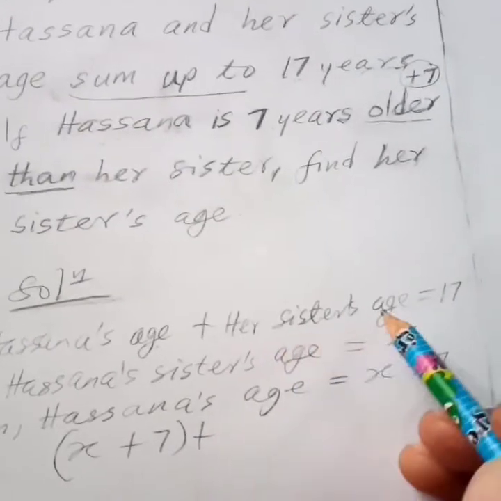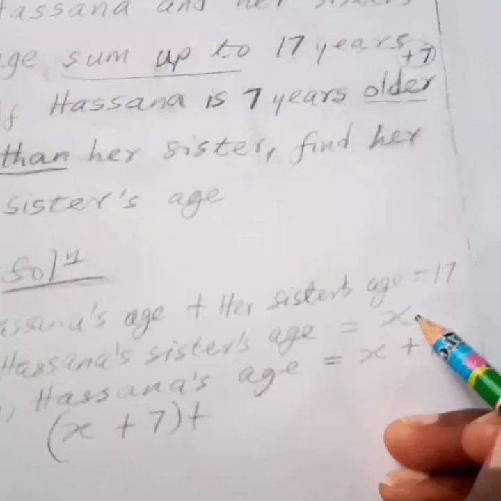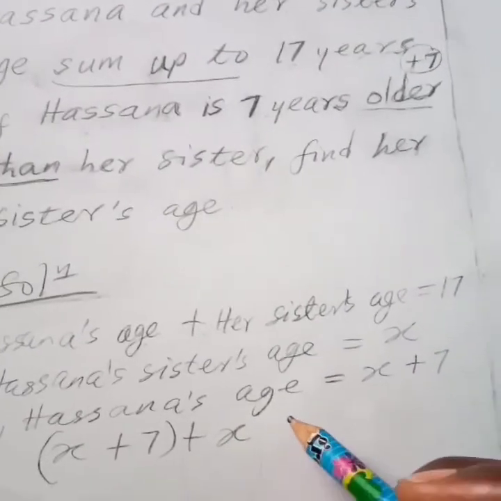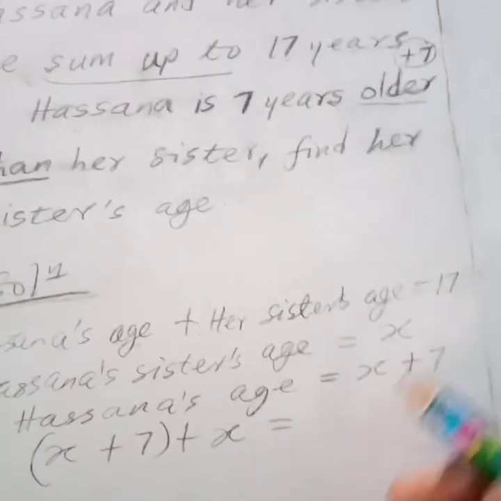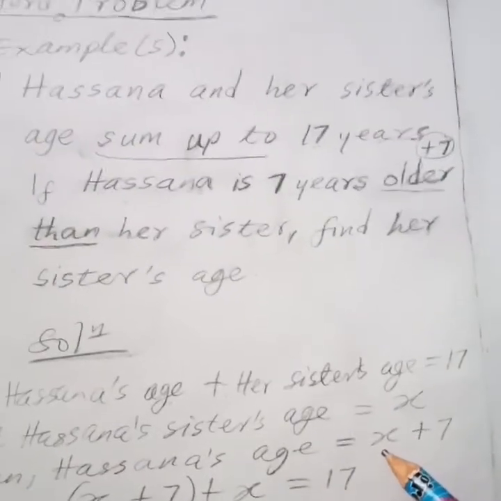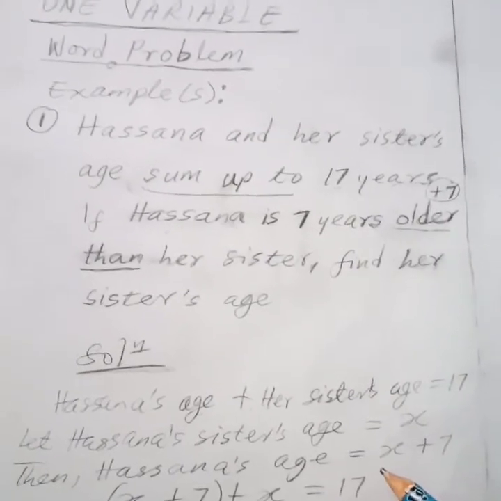The sister's age is S, so plus S. And they must all give us 17. This is all that I am after, and that is what I expect all of you to know.